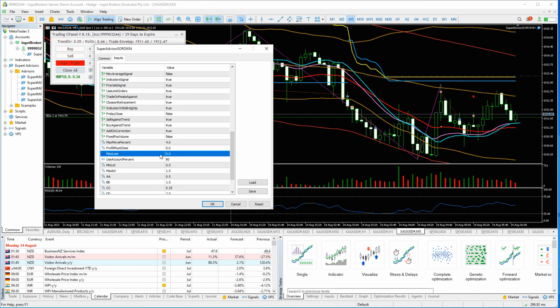And maximum loss in dollars, not in percentage. And profit must close also in dollars. And use account percentage. This is how much margin can be used from the total margin in your account. And finally, debug. This is a parameter.